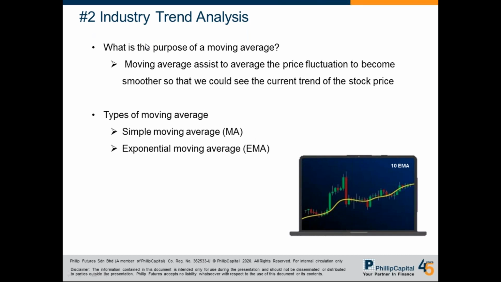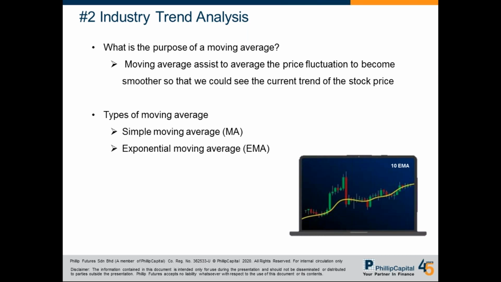What is a moving average and what is the purpose of a moving average? A lot of people try to use a technical indicator without really understanding what this technical indicator actually means. So moving average, even before technical analysis was invented, way before that, has already been used by people for time data analysis.